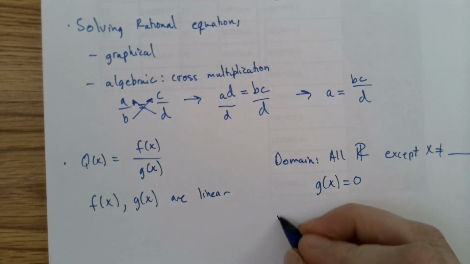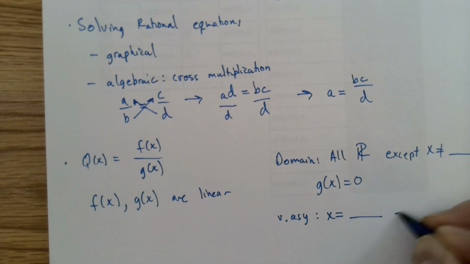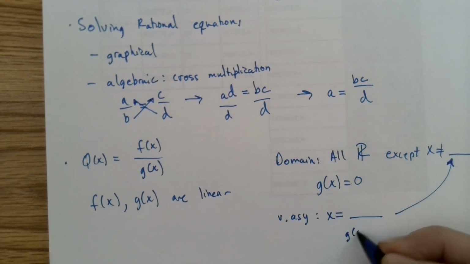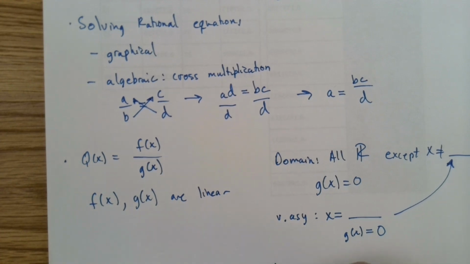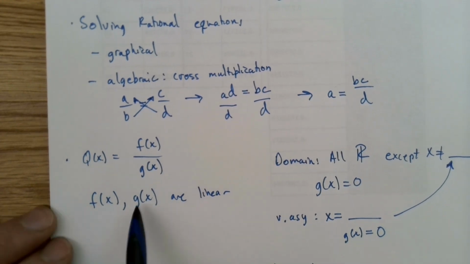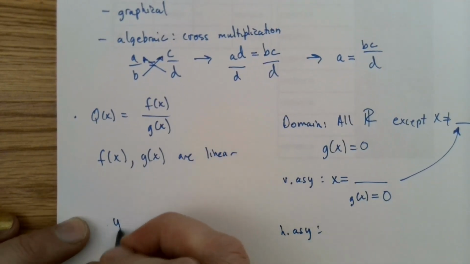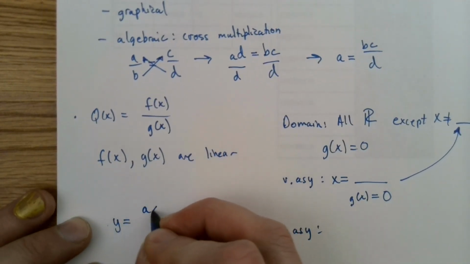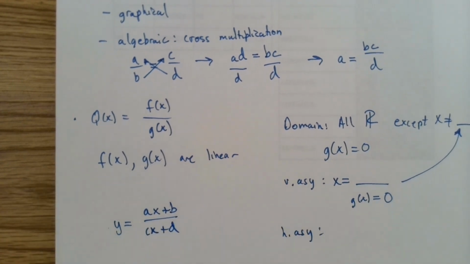The vertical asymptote, same thing: x equals whatever this value is. Again, you're solving g of x equal to 0. And then the horizontal asymptote, turns out when these two things are linear, you're going to get a function that looks like this. I'm going to write it in equation notation. You might have ax plus b over cx plus d, or some version of that.